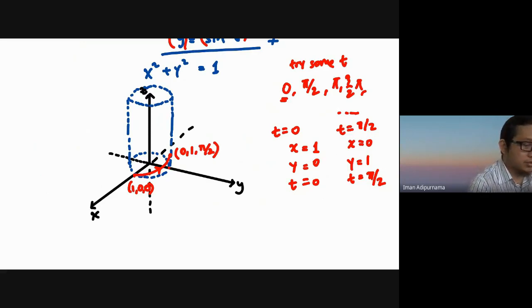And if you try another t with another angle, it will be going behind there. And then you have the circular movement like that.